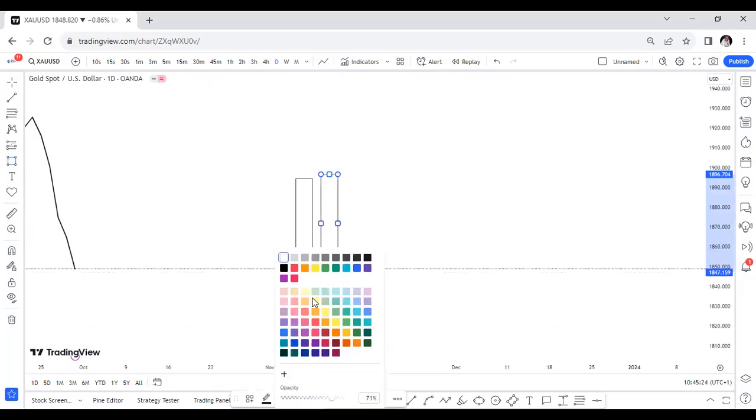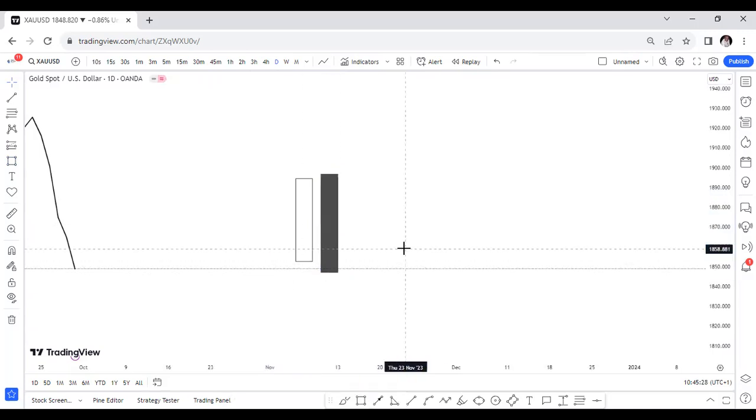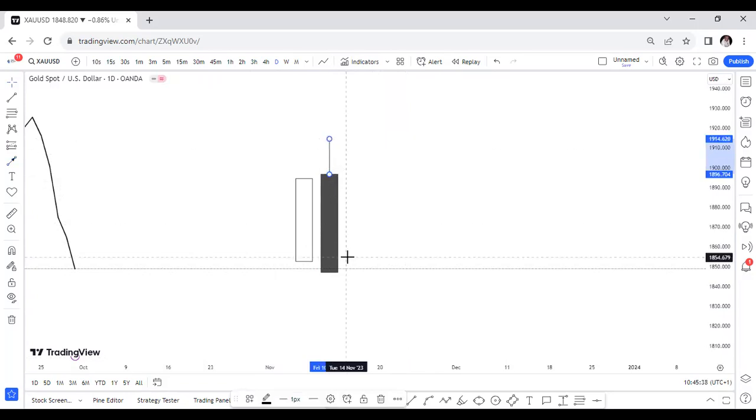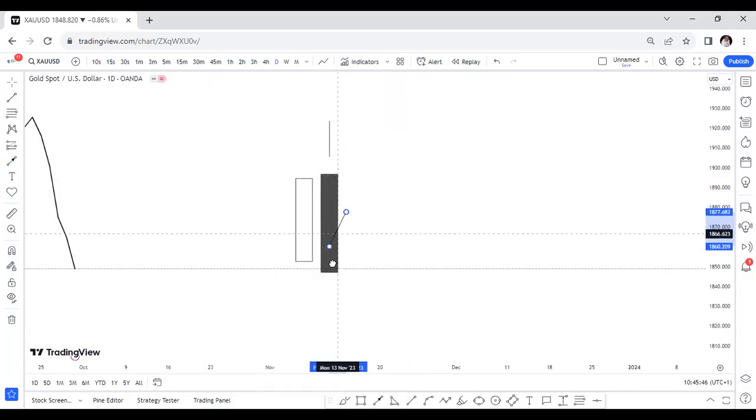This is the most regular, the basic form of engulfing. That means what we are looking at is the body of the previous candle. The body of the previous candle must be completely engulfed by the present one.